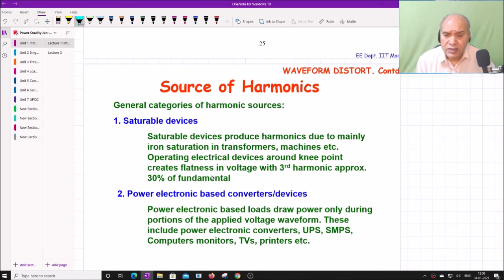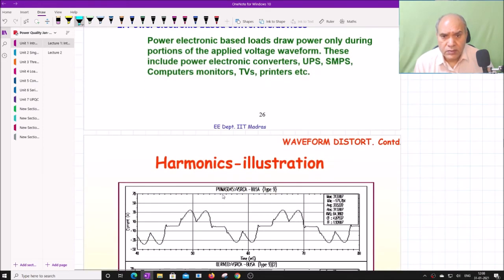And the power electronics based devices, converters, which are very frequently used nowadays in all the applications at home and office, create very high magnitudes of these harmonics. They include the EPS, SMPS, TV, printers, LED devices, the electronic fan.